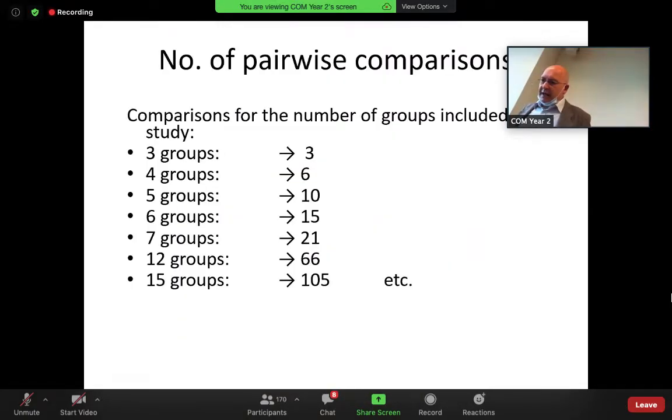Okay, as I say, as you increase the number of groups, 5 groups, you get 10 pairwise comparisons, 6, you get 15. With 15 groups, you get 105 comparisons. Now, it's pretty rare to be having 15 groups analyzed, but 105 comparisons, let us say we had these 15 groups.